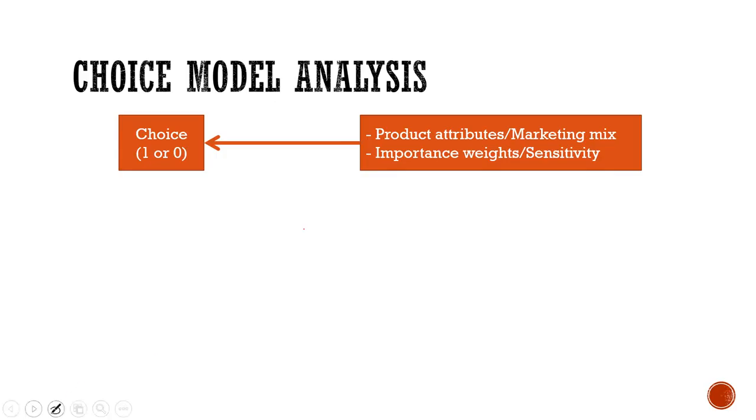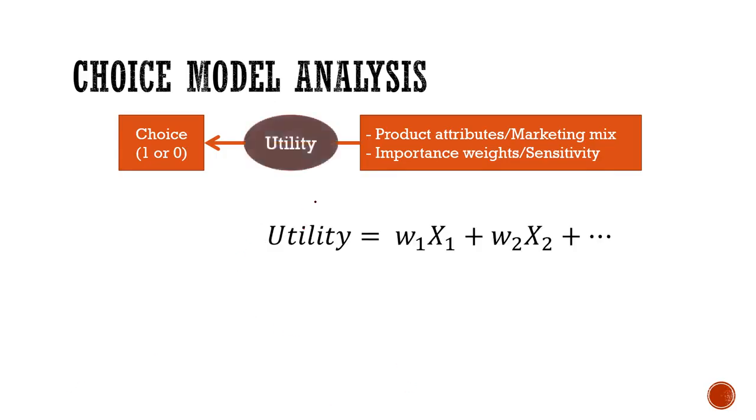So for that, it is important for us to understand the concept of utility. In a choice model, we relate the attributes to the choice via utility. What we're trying to say is that consumers will choose a product if they derive a higher utility from that product.